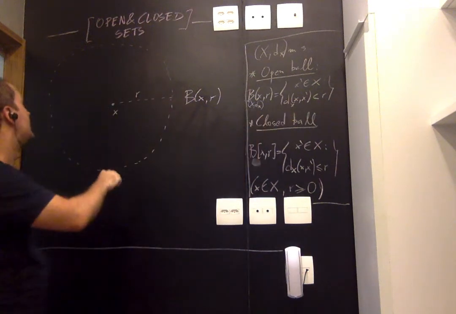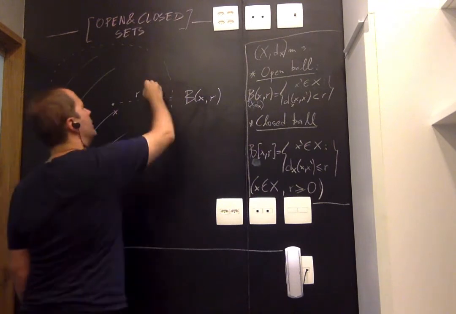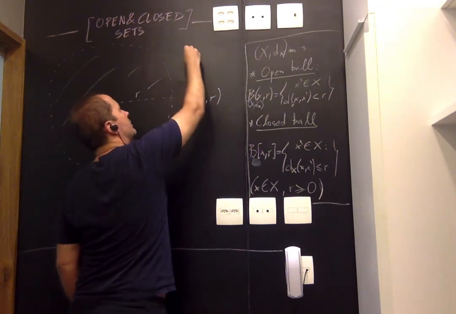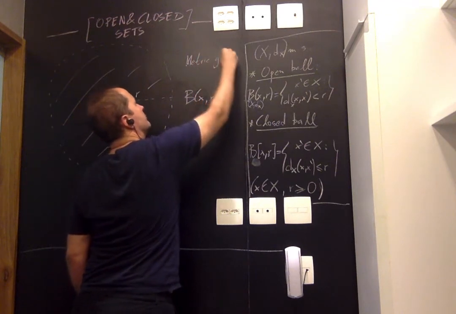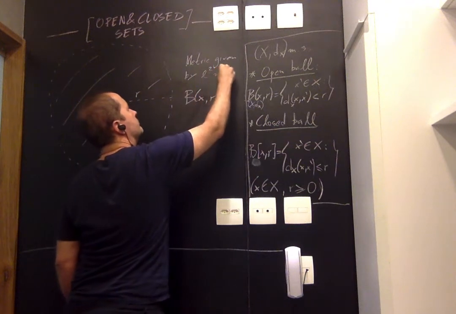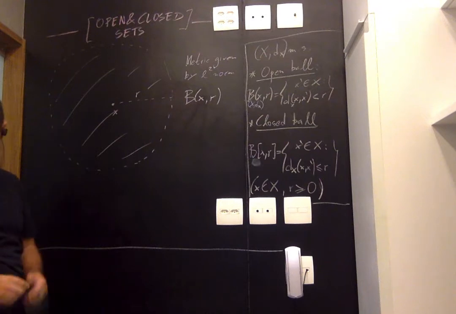I only want distance less than r. So here's an open ball right here, assuming that the metric is given by the L2 norm.